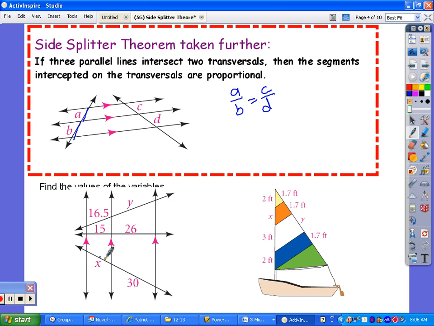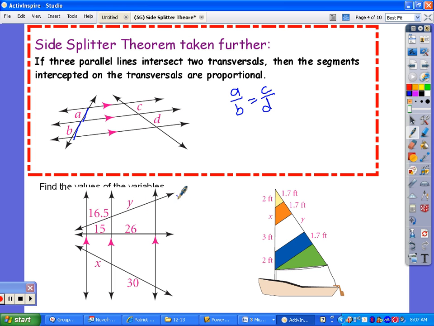If we look at this, we have 3 parallel lines of arrows, and then we have actually 3 transversals on this one. And we want to find the values of the variables. So we can set up our proportion, and it says that the 2 parts on the one transversal have to have the same ratio as the 2 parts on the other transversal.